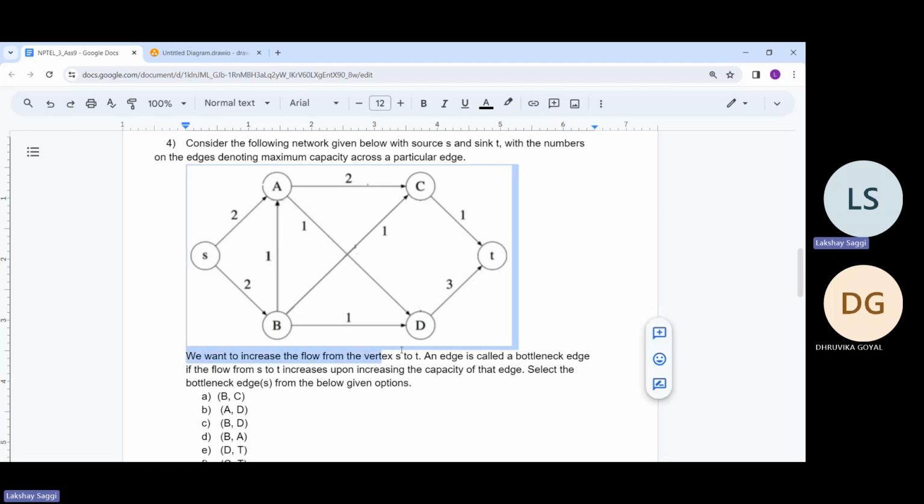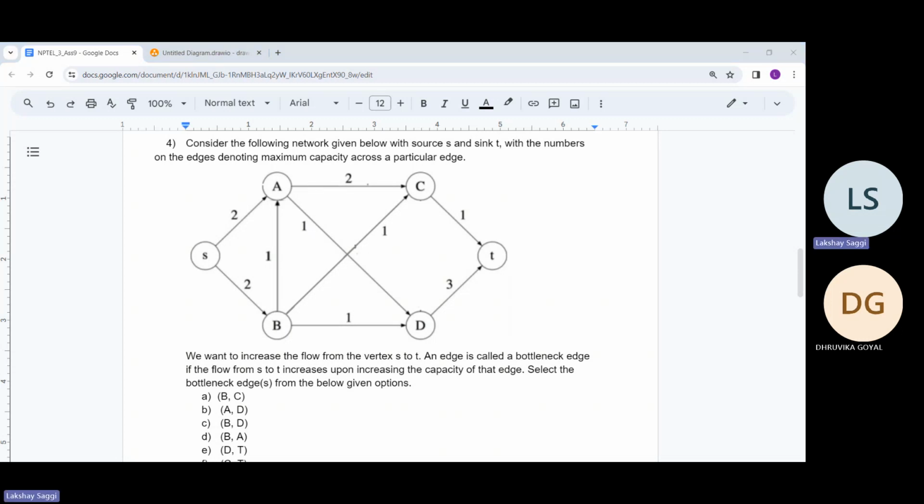But now what we want to do is add further edges in this graph so that the maximum flow from S to T increases. Which edges should we increase the capacity of, such that the max flow, which is currently 3, increases to more than 3? This is what the problem is saying.